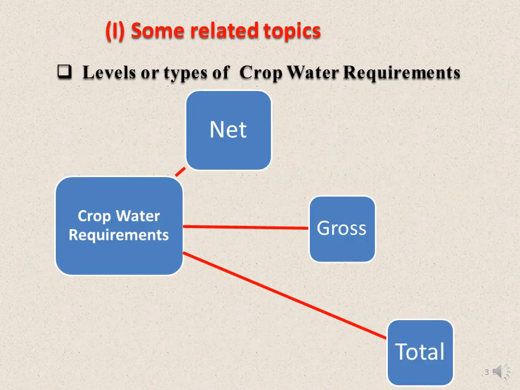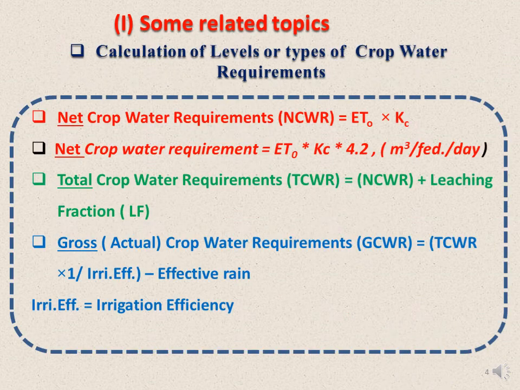Some related topics. There are different levels or types of crop water requirement: net, gross, total. Calculation of the different levels or types of crop water requirement.